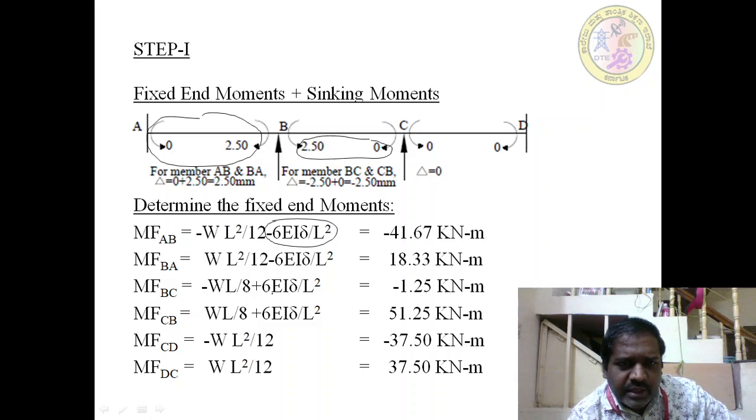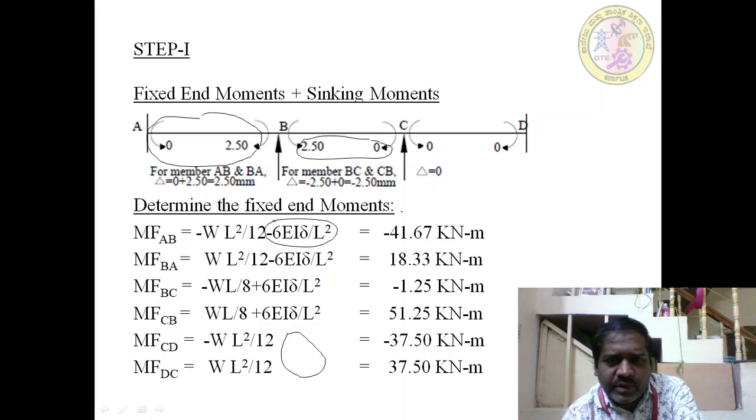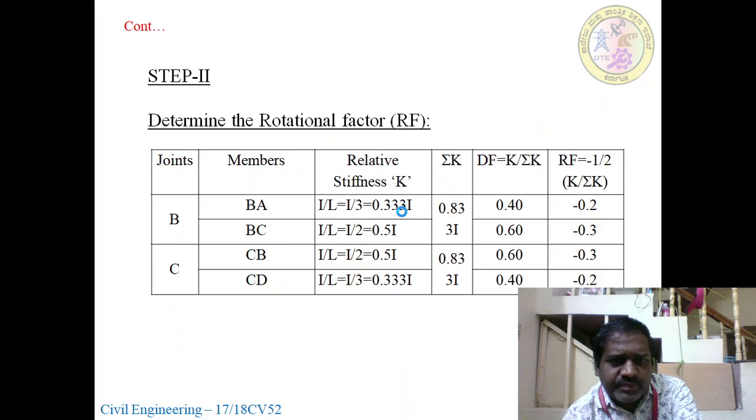Here the delta is minus 2.5, so minus becomes plus. Here there are no sinking values, so we should not consider 6EI delta by L square for this. If C is given some sinking in some problems, then you have to add these two. I will talk about it in the next session.